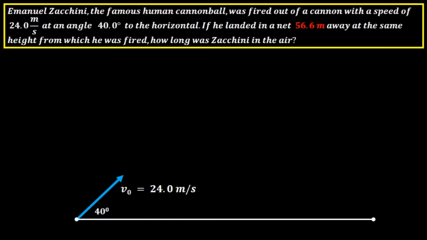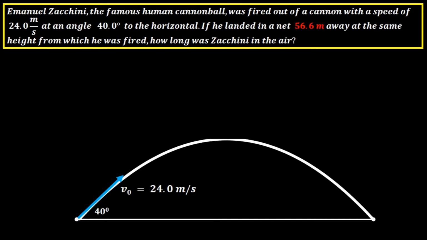Now, if he fired himself at 45 degrees, he would get the farthest distance given that velocity. So here's the trajectory, and we want to answer the question, how long was Zucchini in the air. But what I'd like to do is the whole problem from beginning to end.